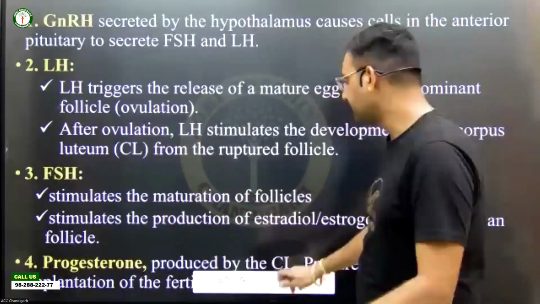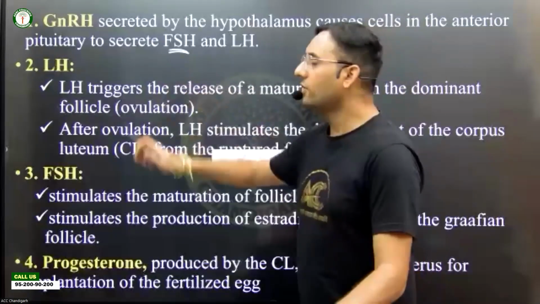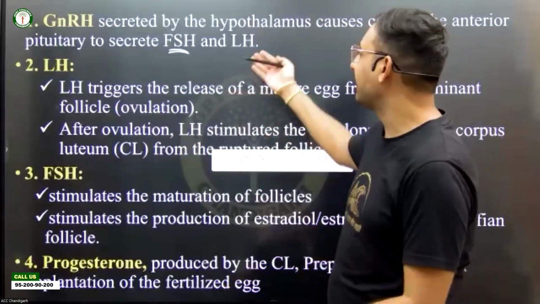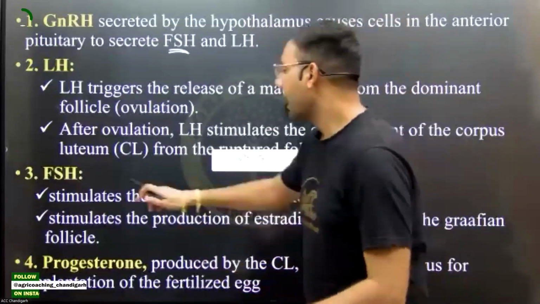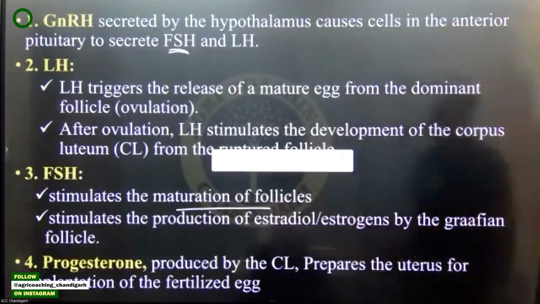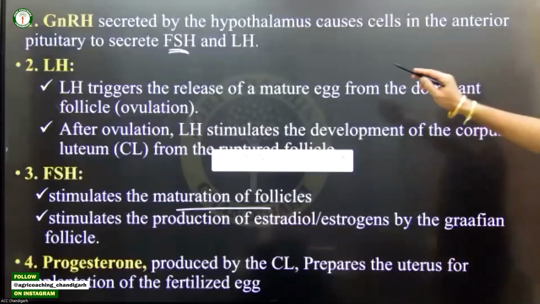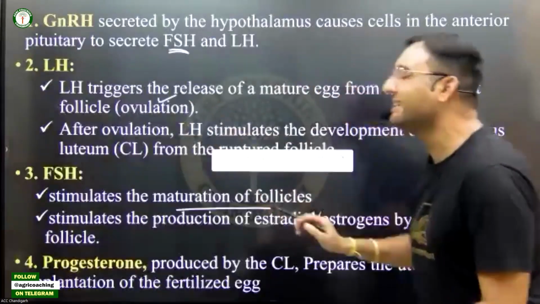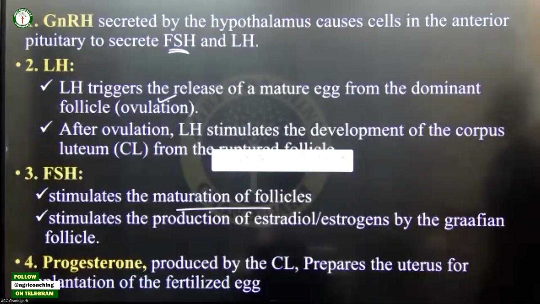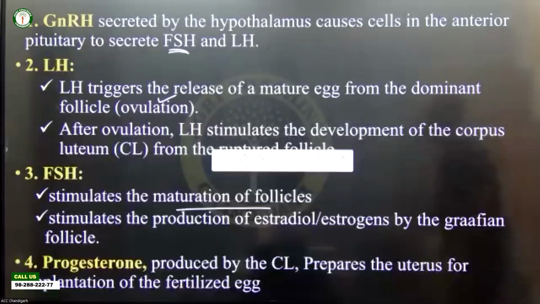Now, FSH, another hormone produced by the pituitary. At the time when LH is doing its work, what is FSH doing? FSH stimulates the maturation of the follicles. See, FSH is stimulating the maturation because LH was asking them to release the egg. But at the same time, FSH is stimulating the maturation of follicles.